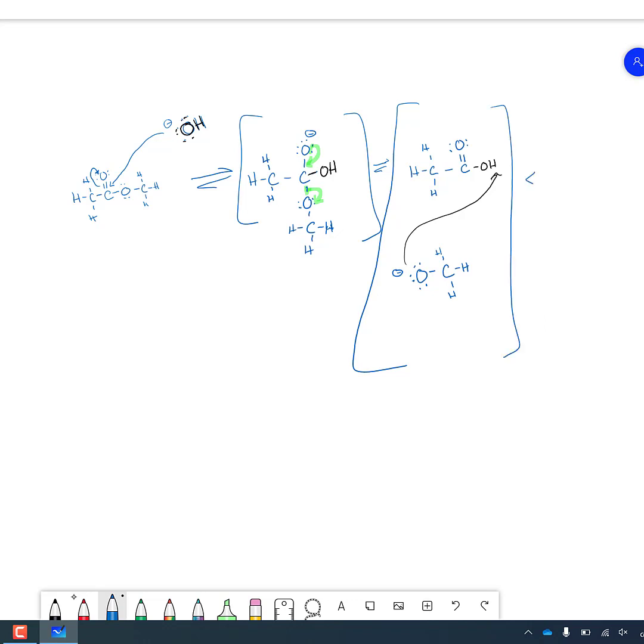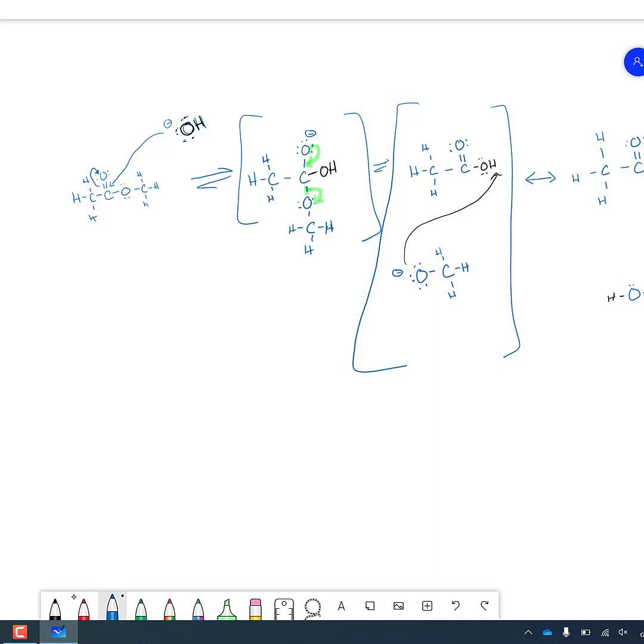So it actually is going to turn itself into methanol. So we're going to get another step that looks like this. So we've lost that hydrogen. We have a negative charge, but methanol now has brought that hydrogen to itself.